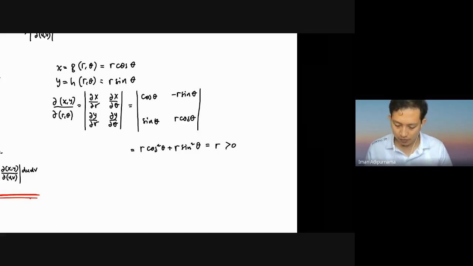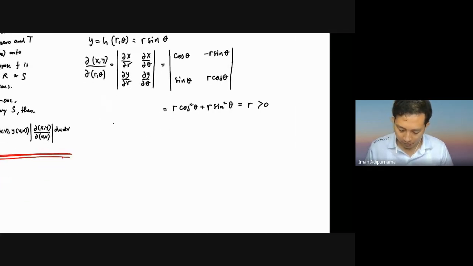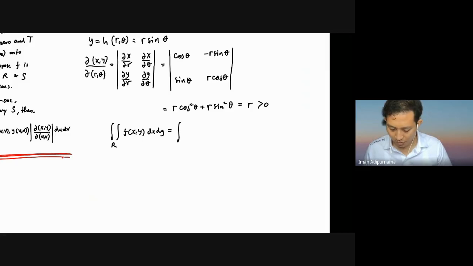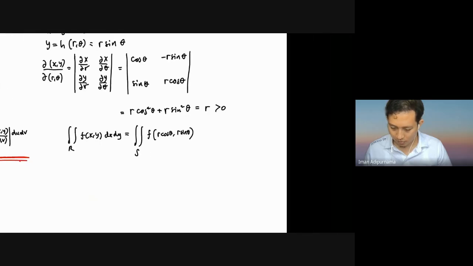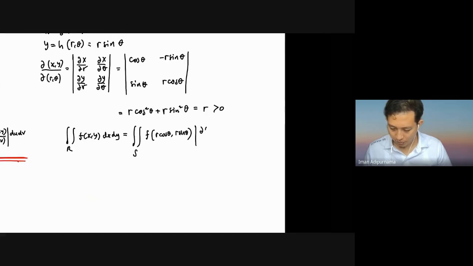Okay, it should be a positive term, and that's why you have this double integral, and you want to rewrite this integral in terms of polar. This is what you get, right? You have the Jacobian here, and this is dr d theta, and the Jacobian is r, right?